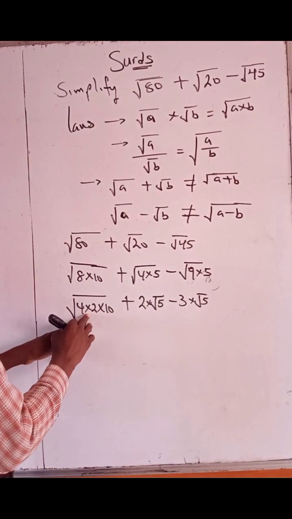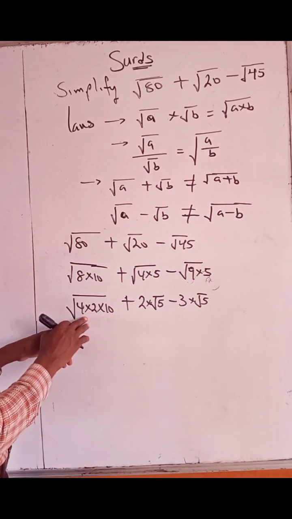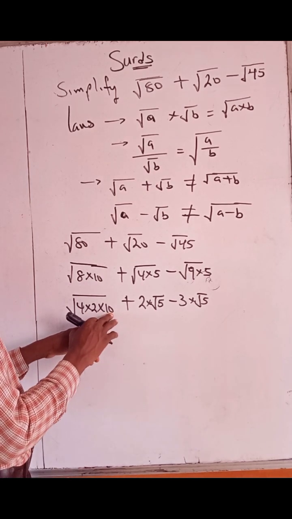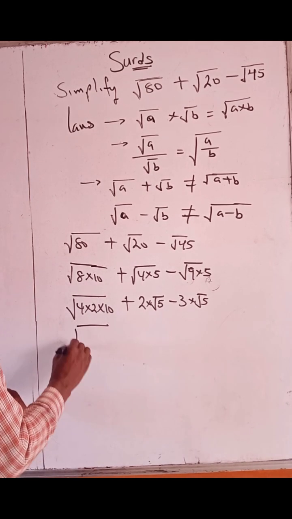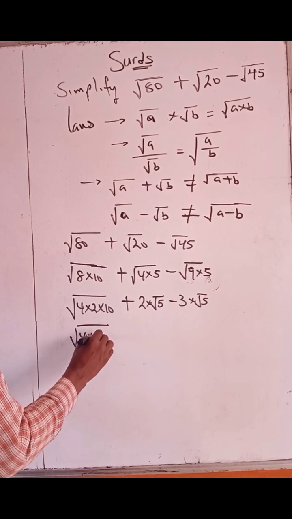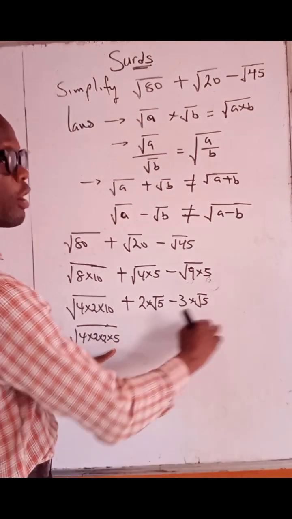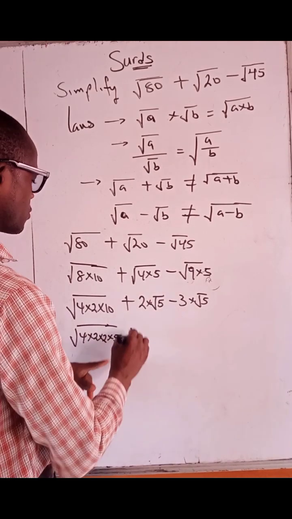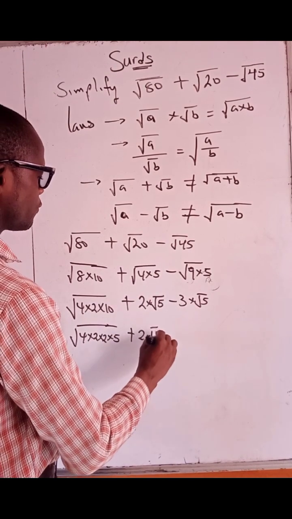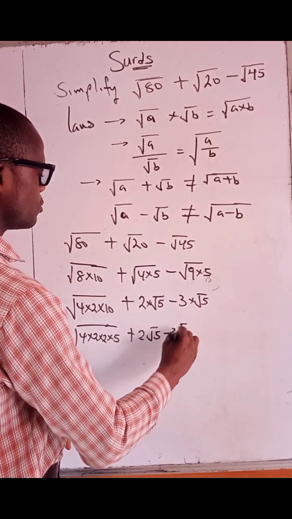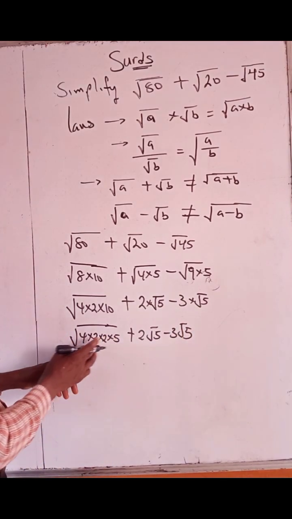Now you discover that, instead of us wasting time on this, you can see that 2 is still here. So we can break this one as 4 times 2 times 2, then times 5, so that all of them will be in the same order. So we have 2 root 5 minus 3 root 5. So let's compare this.